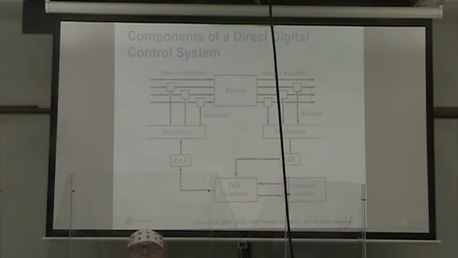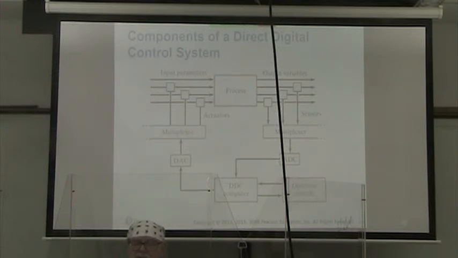With a direct digital control system, we still have our input parameters, our process, our output variables. But we have many more sensors. We're sensing more variables. It goes into a multiplexer, then into an analog direct controller.